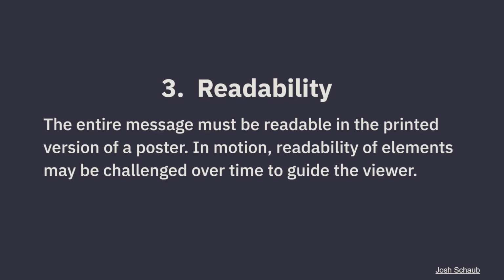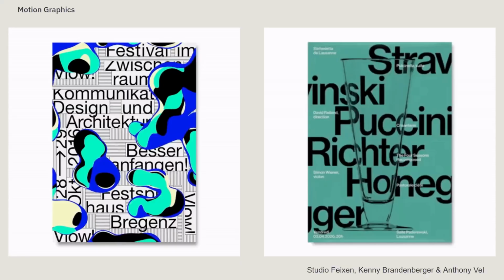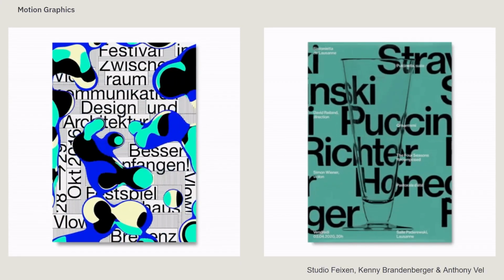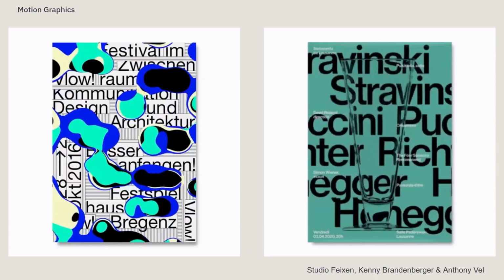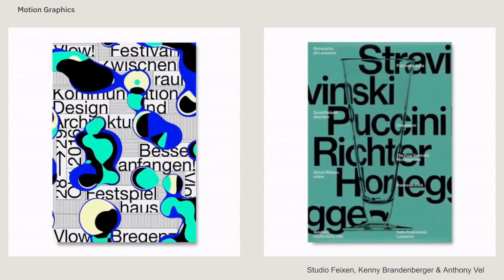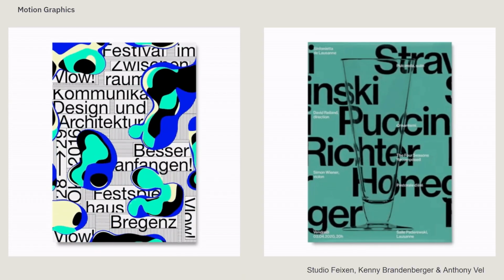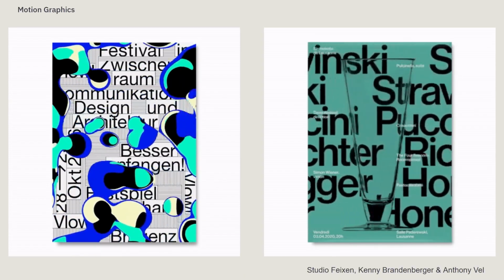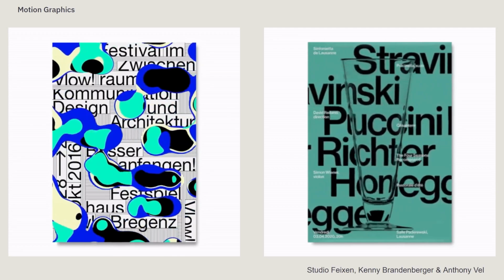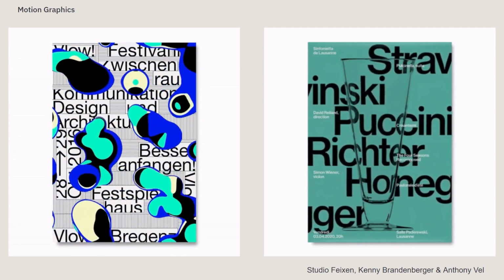Third is to make sure you're considering readability. This means that the entire message has to be readable in a static version of that poster, and that in motion, that readability can be challenged, but the viewer has to be guided over time to get through and to make sure they're taking the message away. So on the left here, this isn't in English, but you can see that various design elements are covering up the text throughout the animation, but they always shift off or the words shift over so that they're visible over a short period of time.